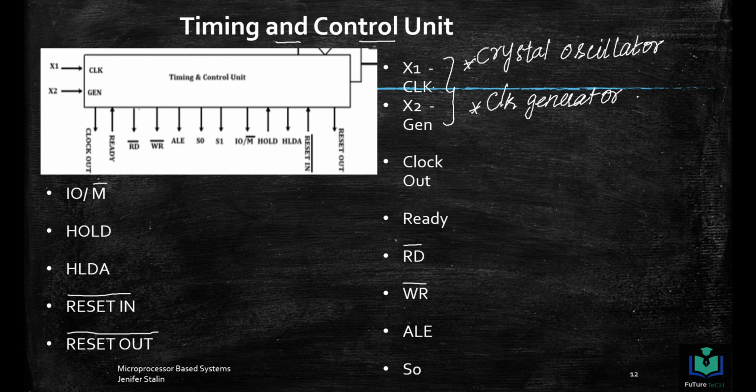The next signal is called the clock out signal. This signal is used as a system clock for the devices connected with the microprocessor. All the devices are synchronized using the clock out signal, because it is used as a system clock.